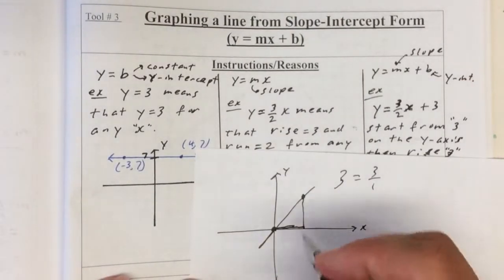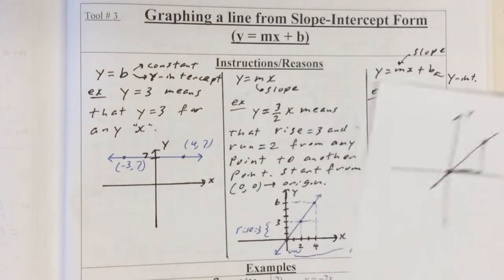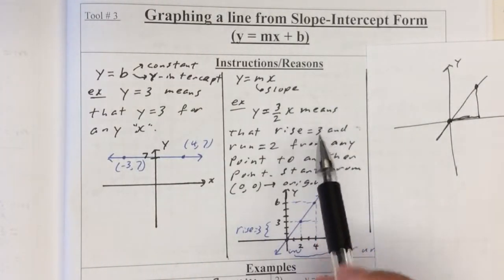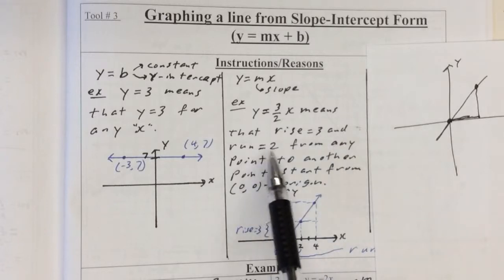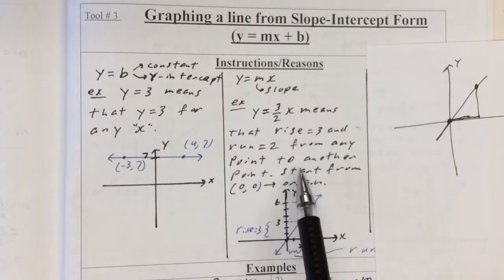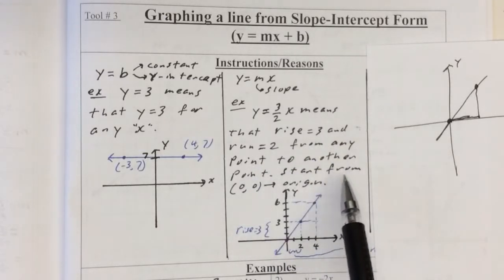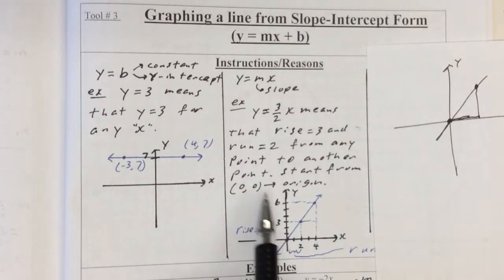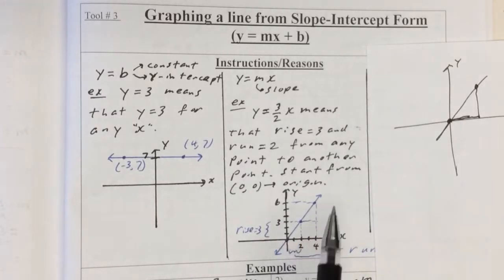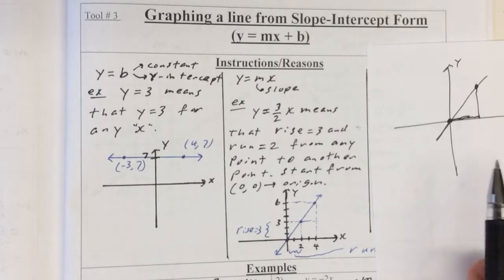In this case here, I put y equals 3 halves x, which means that you rise 3 and run 2 from any point to another point, but start from the origin. That's a point that's obviously on there, so start from the origin. So you rise 3, run 2. Run 2, rise 3. You get another point on the line. Keep going. So that's what you do for that one.